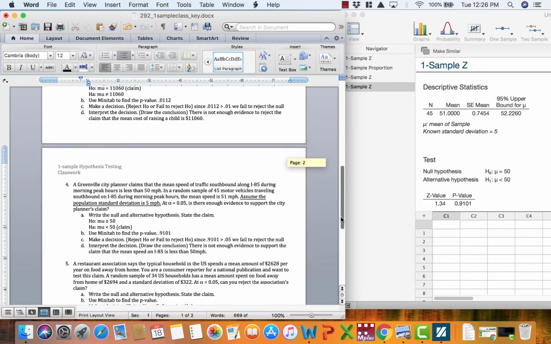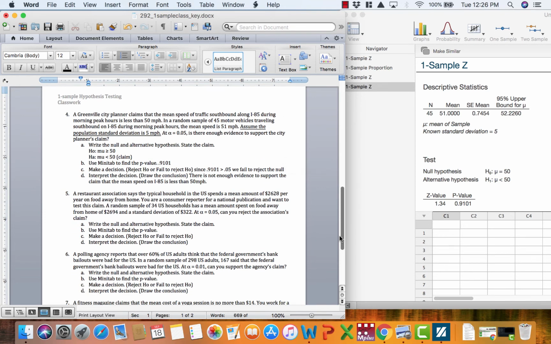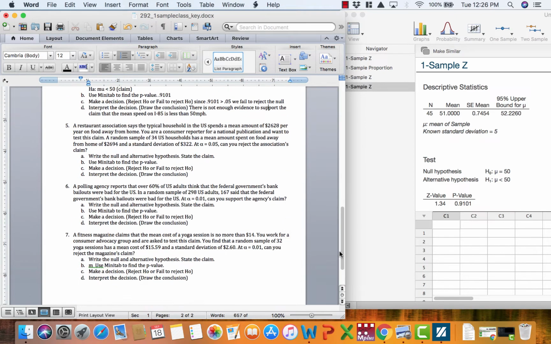When the alternative becomes the claim, the language changes to there is or is not enough evidence to support the claim. And this is one of those things that, as you practice it, becomes much more common sense. I think right here at the beginning it's a little bit confusing, but I promise you it gets better.